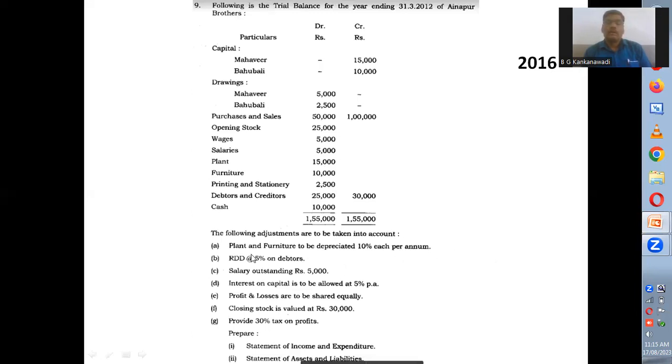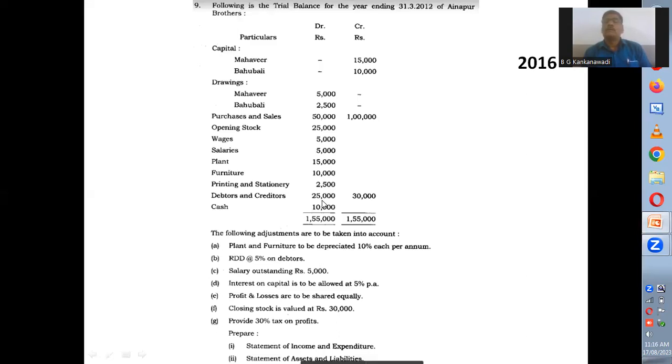Then RDD at 5% on debtors. You calculate RDD 5% on debtors. Debtors is 25,000, and 5% of 25,000 is 1,250.